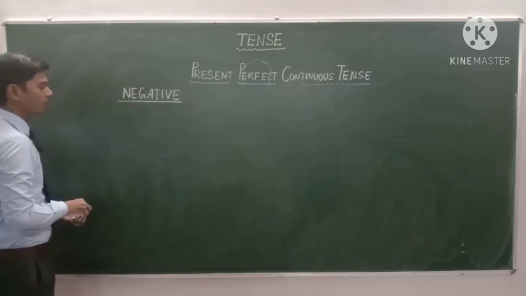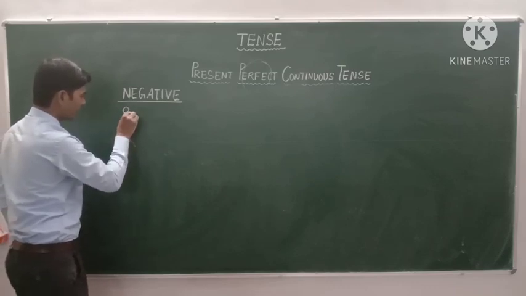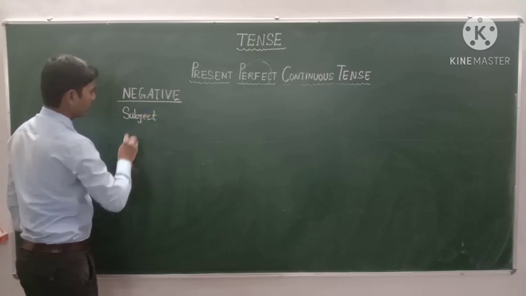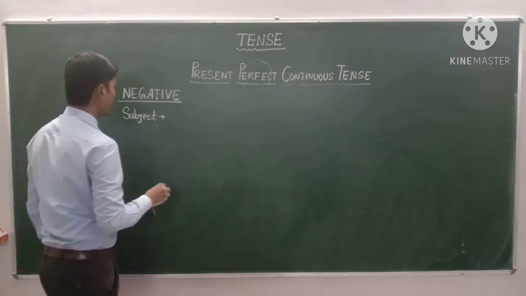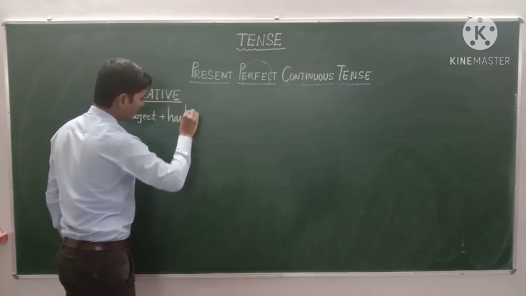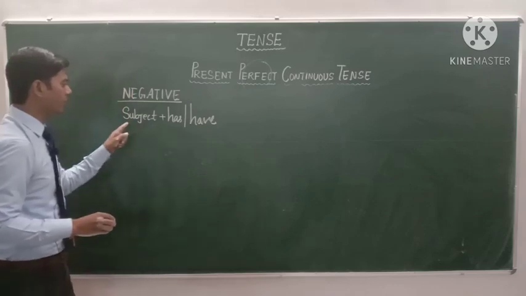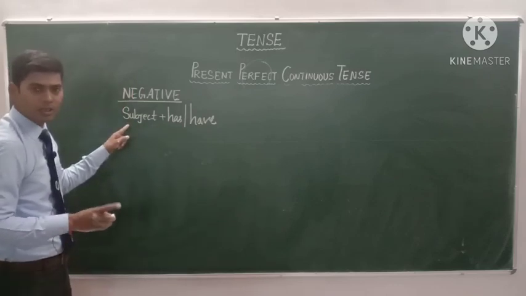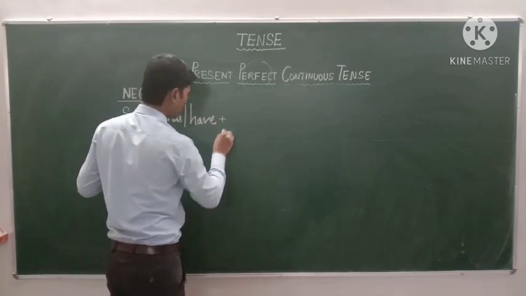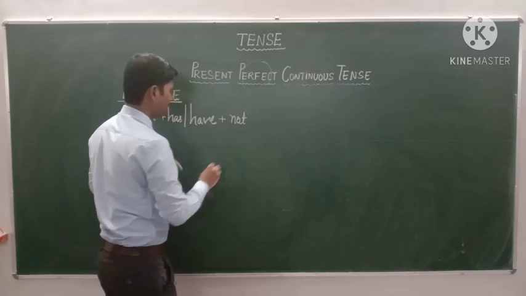Okay, as you know that we start a sentence with first of all subject. It is very simple. After that there should be, according to the tense, has or have, as per the need of subject, as per the requirement of subject. There should be not.